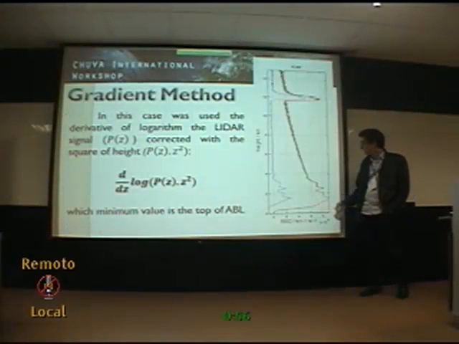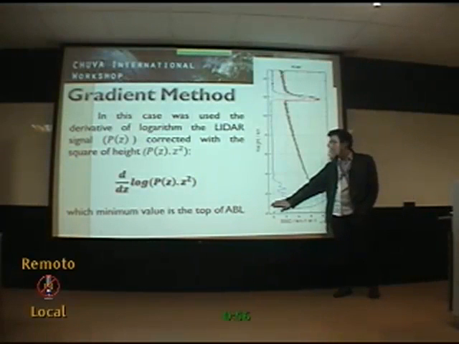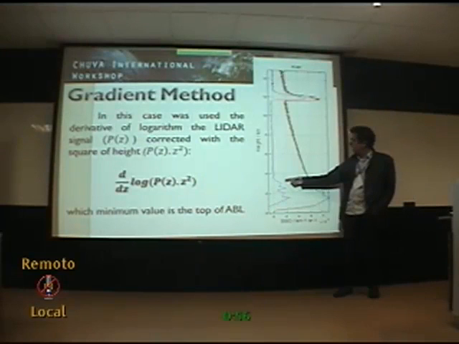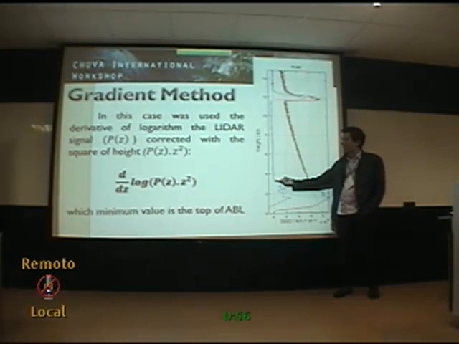The green line represents the molecular atmosphere, just the regular Rayleigh scattering, and this is your boundary layer. You have to cut this and imagine that you have constant aerosols within the boundary layer down here. So you can look at this profile and say, my boundary layer goes up to here. You can do this very easily, just computing the derivative of the signal and looking for when it's most negative. That's the top of your layer.